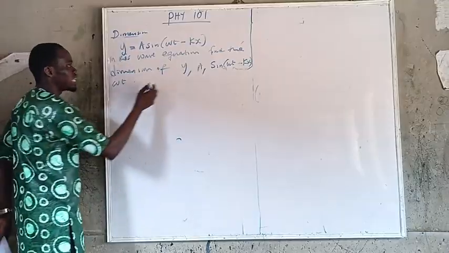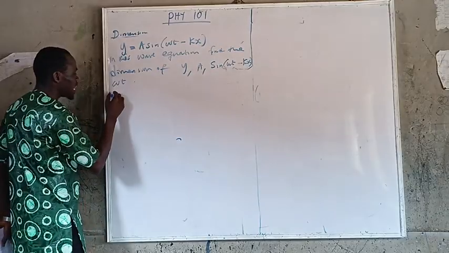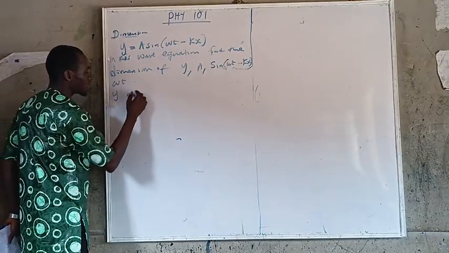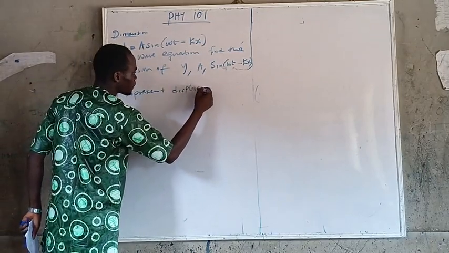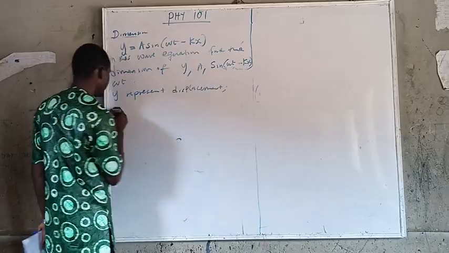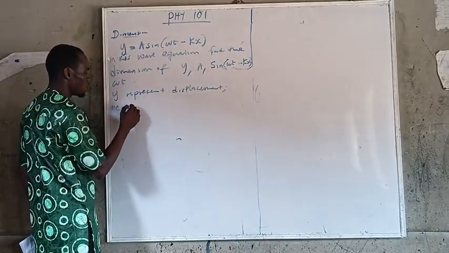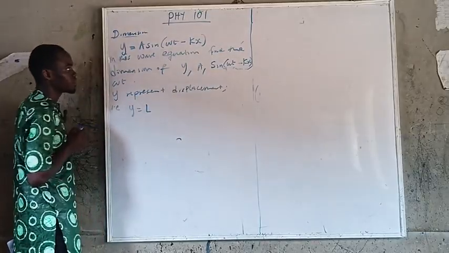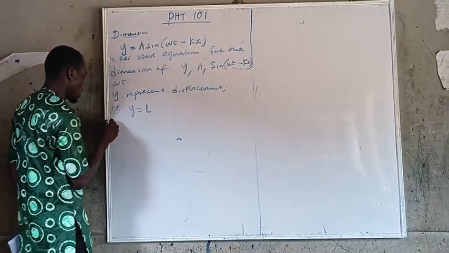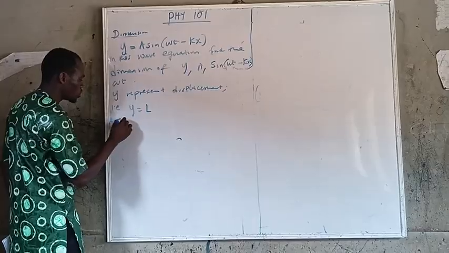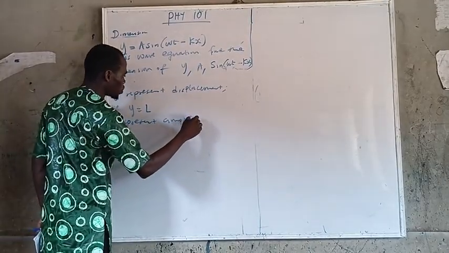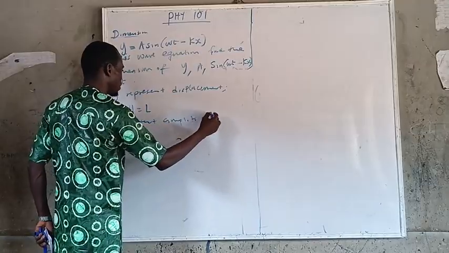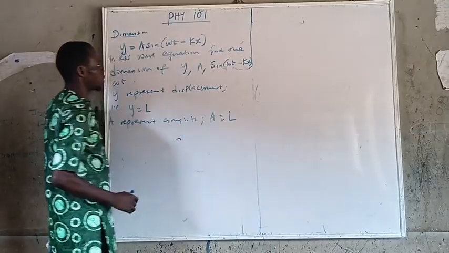So to know the dimension of y, we know that y represents distance or displacement. Therefore, the dimension of y is L. A represents amplitude, and amplitude is also length. Therefore, the dimension of amplitude is L.